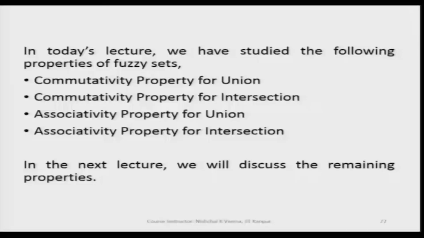We have covered all these four properties for fuzzy sets, and we will stop here for this lecture. In the next lecture we will cover the remaining properties of fuzzy sets that we have already seen listed.